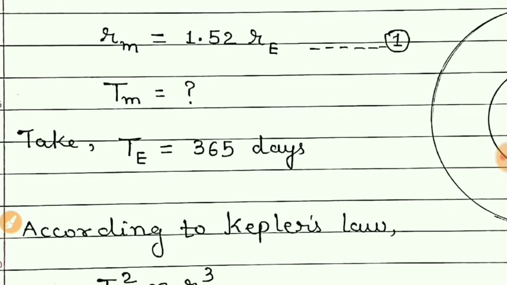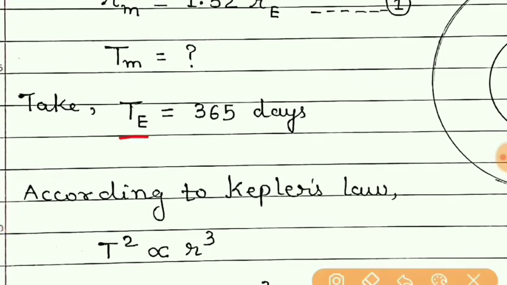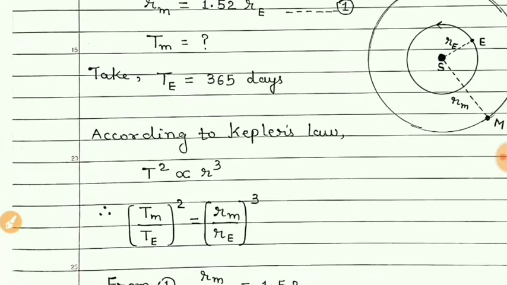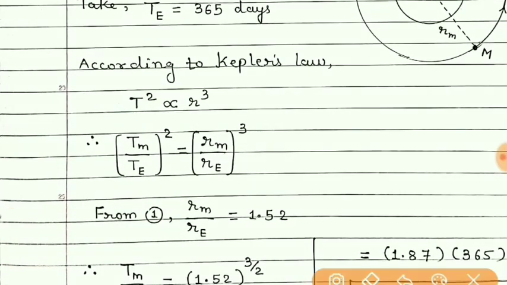Now students, we know that the time period of revolution of Earth around the Sun is 1 year, and 1 year means it is approximately 365 days. So we'll take time period of the Earth around the Sun as 365 days. Now according to Kepler's law, because we know that planets revolving around the Sun, their laws were given by Kepler.